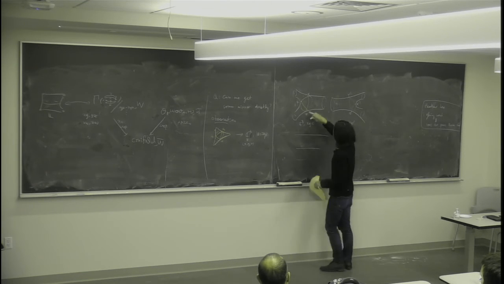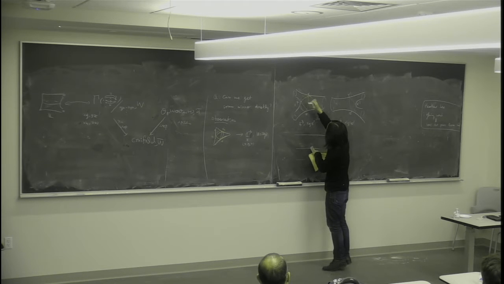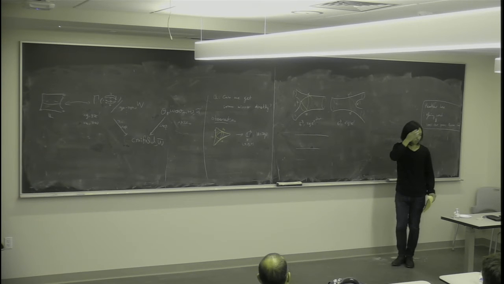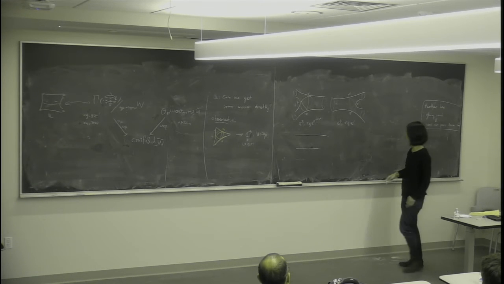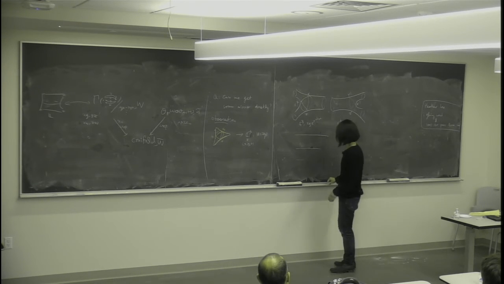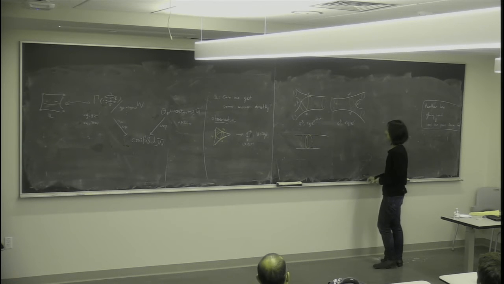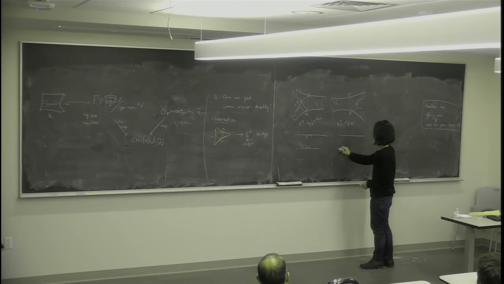If you do a surgery here, then this immersed circle breaks into a union of two circles. So you get one is this, the other is this. Do the same thing here. So now you take the surgery at this point.